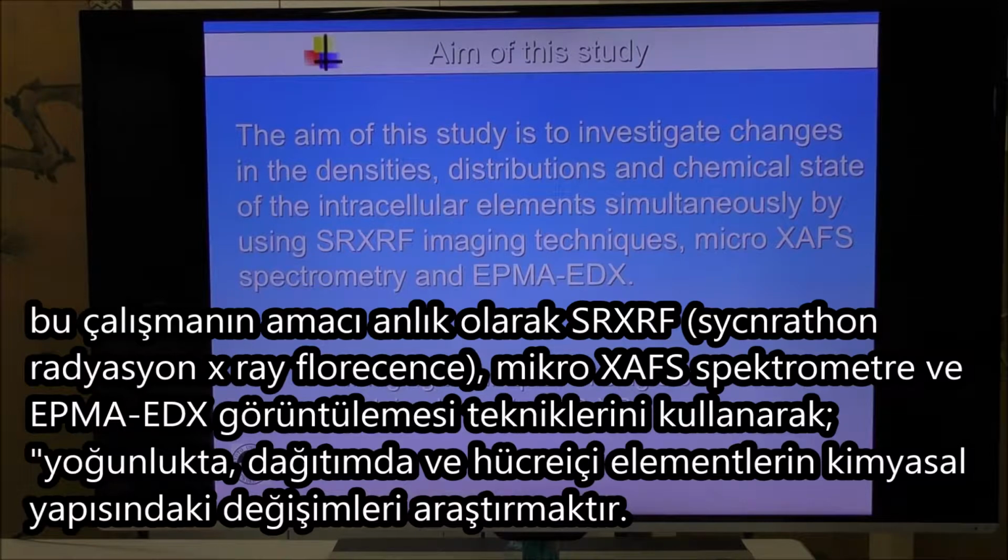The aim of this study is to investigate changes in the densities, distribution, and chemical state of intracellular elements simultaneously by using synchrotron radiation, X-ray fluorescence spectroscopy, imaging techniques, and microspectroscopic imaging technique.